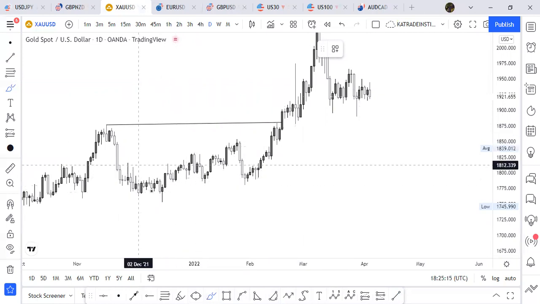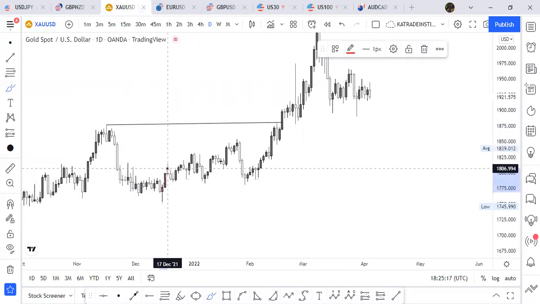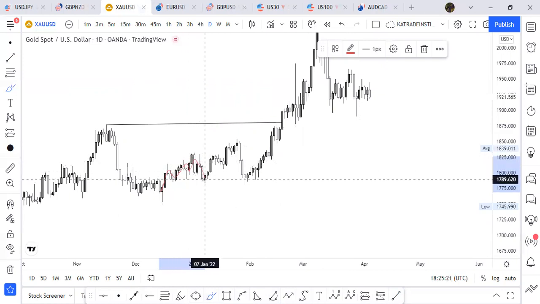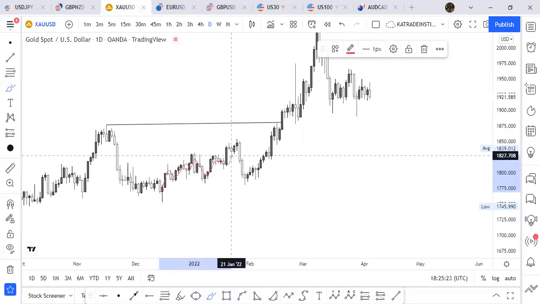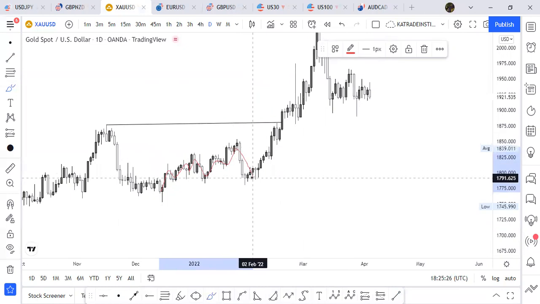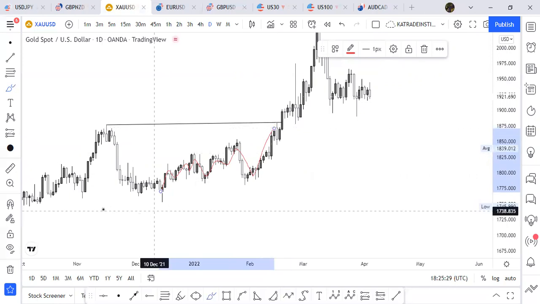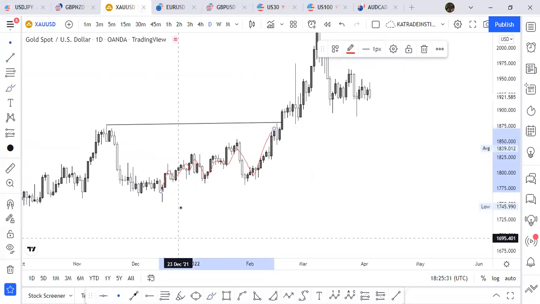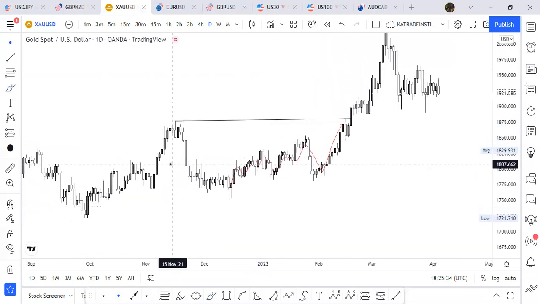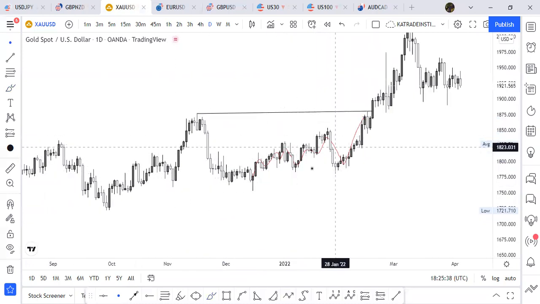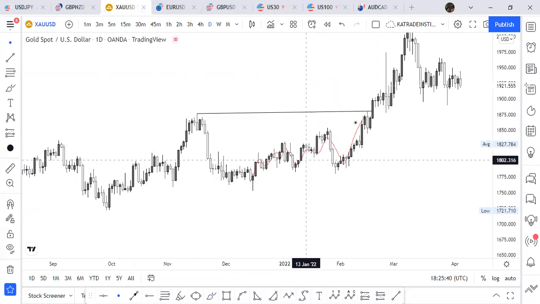You will see that from this area we have a high, a low, a high, a low, a high, a low, a high, a low, a high, a low. I hope you are getting me. And then we got this high. So in this area, you may think price is pushing to the upside.